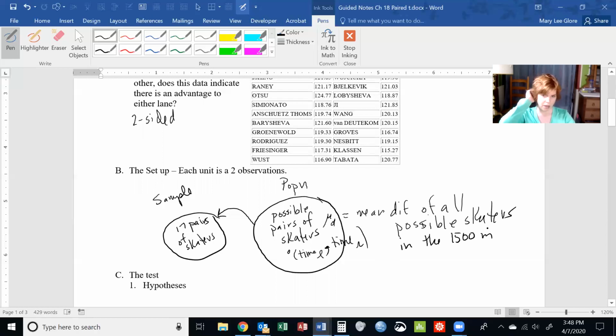So what does that mean here? I've got the left minus the right. If this was positive, this would be how much more time it takes in the left lane than in the right lane. So this is the average extra time it takes in the left lane.